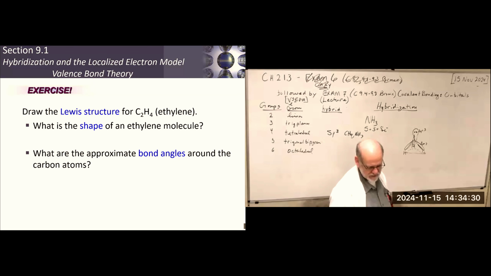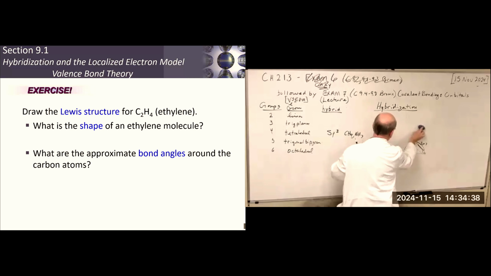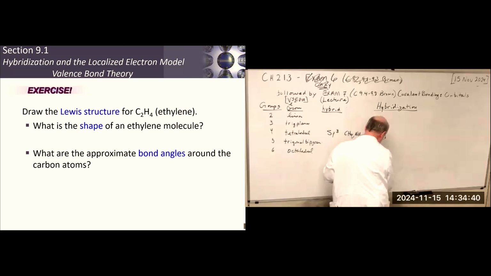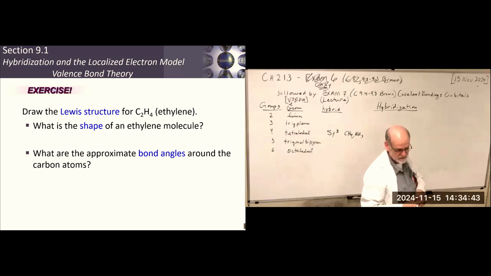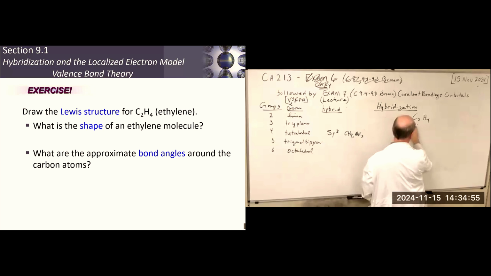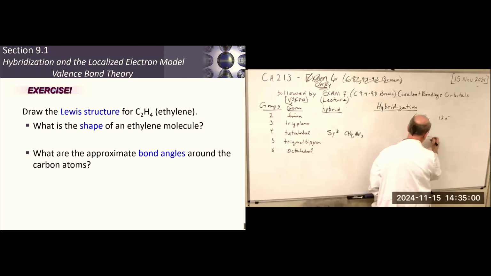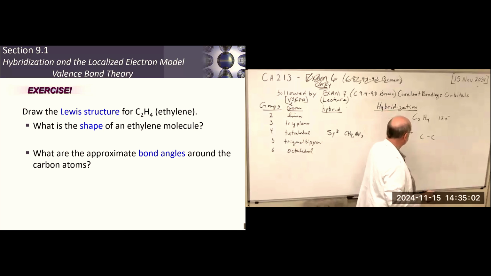How about C2H4, ethylene? Now, ethylene is going to have two centers of symmetry. It has two carbons, and each carbon will have its own symmetry. So C2H4 gives us what? Well, 2 times 4 is 8, plus 4 is 12 electrons. So we have carbons bound to carbons. Remember, when we draw these like that, this is organic chemistry.